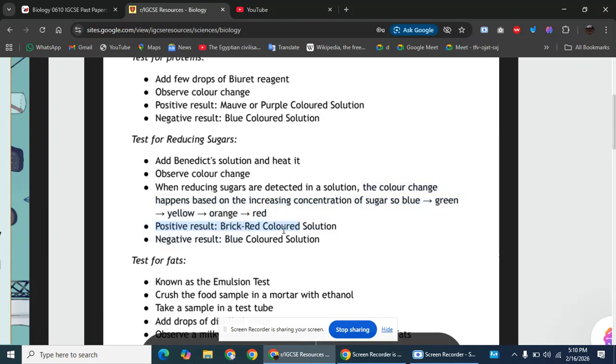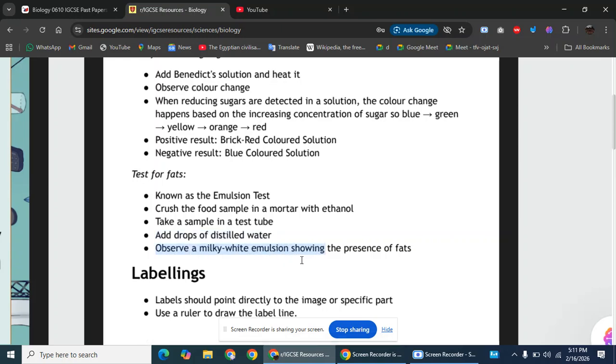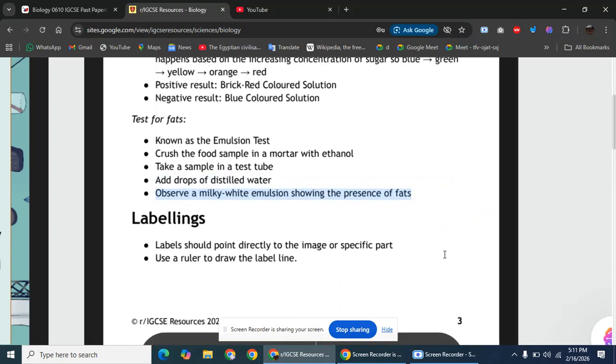Positive test is brick red, and negative test is a blue colored solution. Test for fat, known as the emulsion test: crush the food sample in a mortar with ethanol. Take a sample in a test tube. Add drops of distilled water. Observe the milky white emulsion showing the presence of fat.